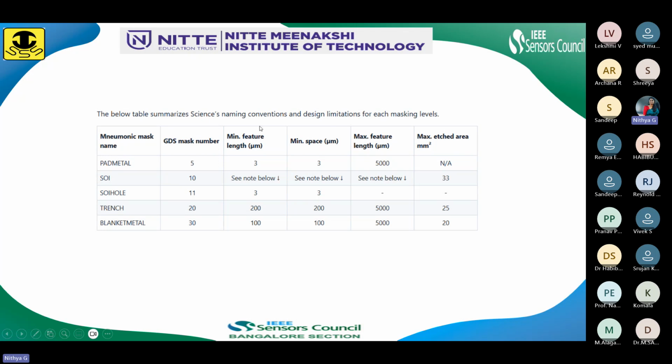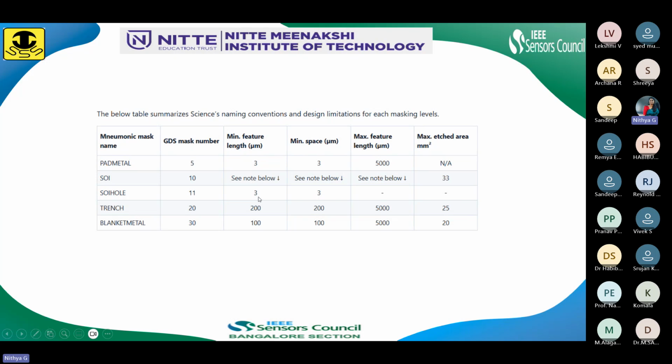Okay. And we can say one more thing here, minimum feature size. So minimum geometries should be used whenever it is necessary. For example, for a SOI, the minimum feature size that is defined is 3 micrometer.